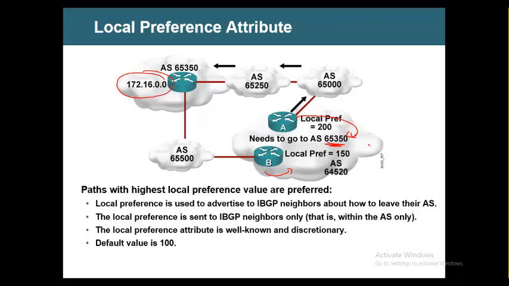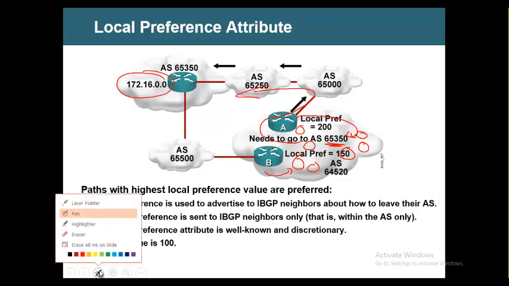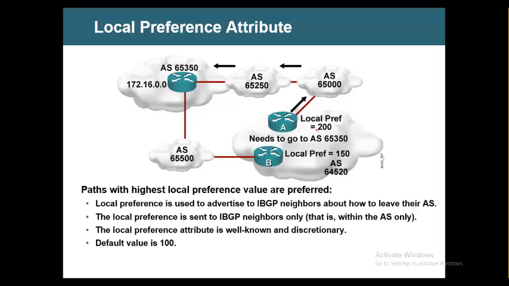Now, you've got many routers in the autonomous system. If you wish all the routers in the autonomous system to go via A, if you want to exit via A, then you need to set the local preference higher, and all other routers will know that A is having the higher number.